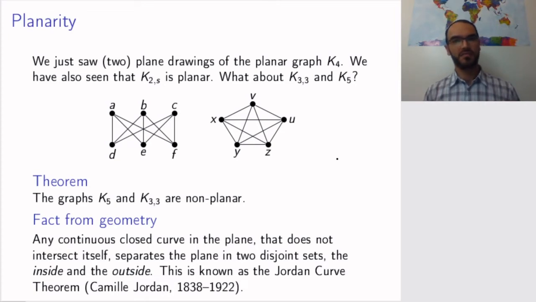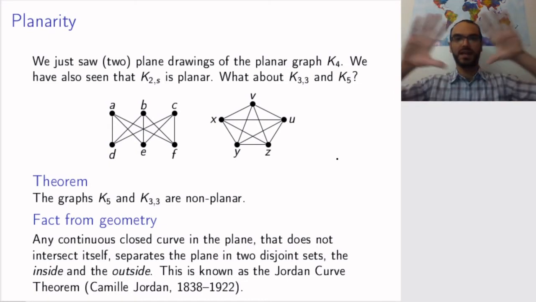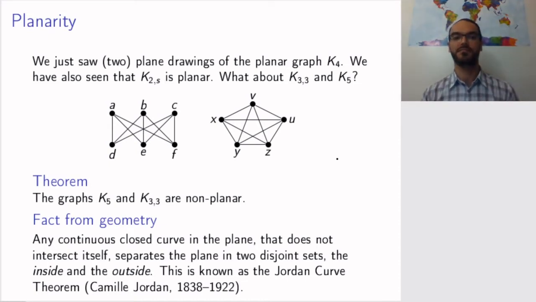And for those of you who work with geometry on computers where you have pixels, that theorem in that setting might not be true. But we're not in that setting now. We now have actual plane curves, and so each plane curve divides the plane into a bounded inside and an unbounded outside.